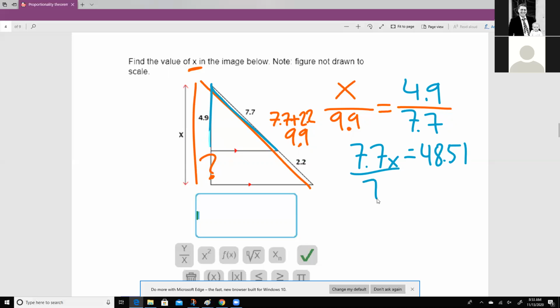Let's divide each side by 7.7. That'll give me 6.3. All right, let's keep going.